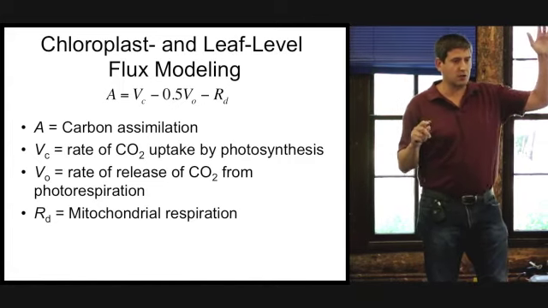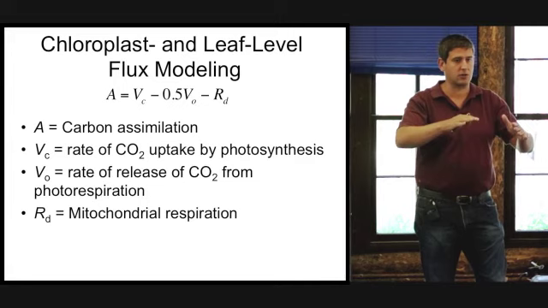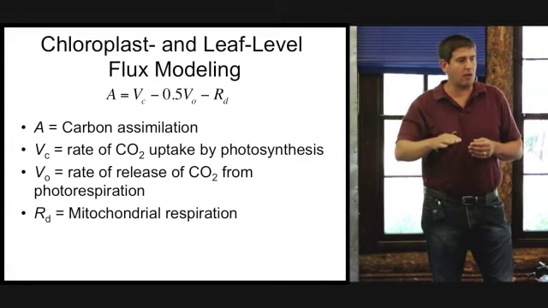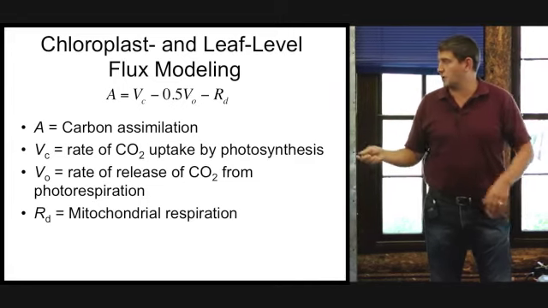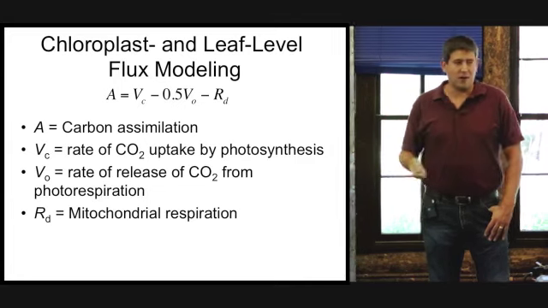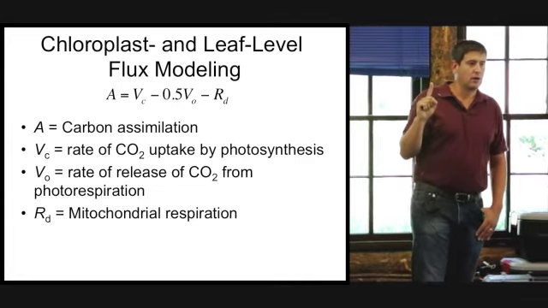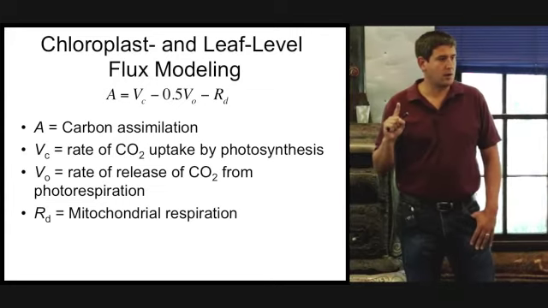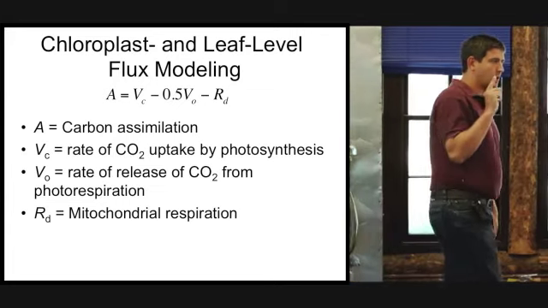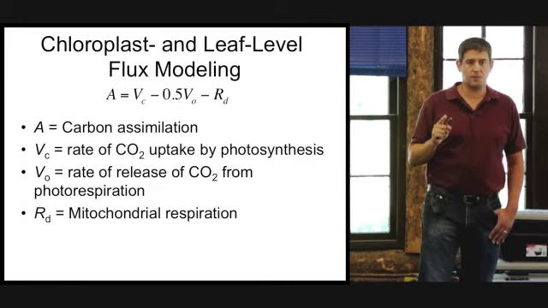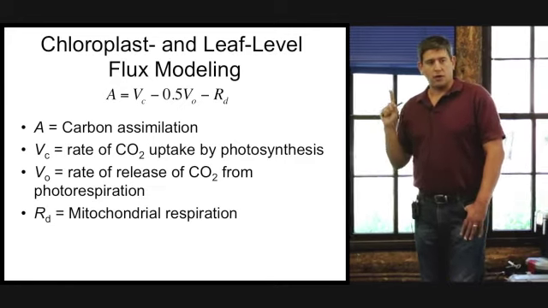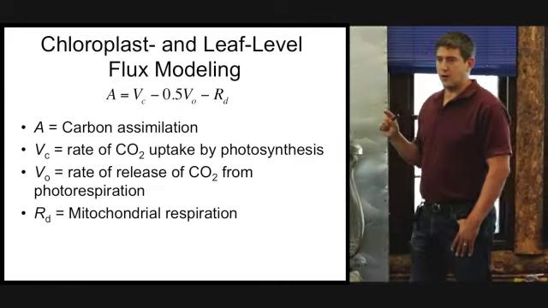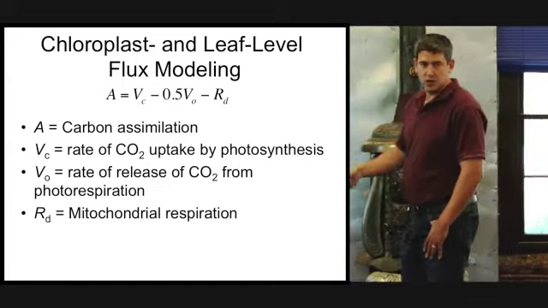Rubisco can take in the carbon dioxide, and it can take in the oxygen. When oxygen is taken up by rubisco, it drives photorespiration. This 0.5 basically means that for every 1 oxygen taken up by rubisco, you get half of a CO2 being released. So in order to get 1 CO2 released through photorespiration, you have to have 2 oxygenation events.